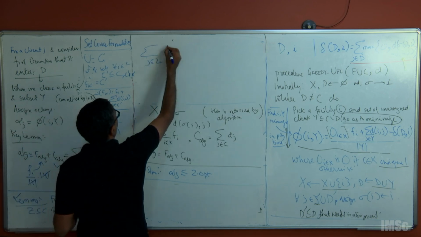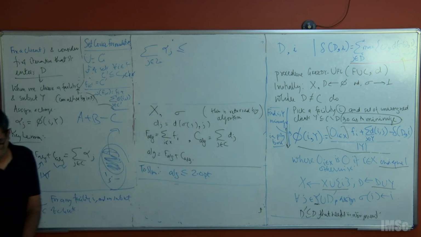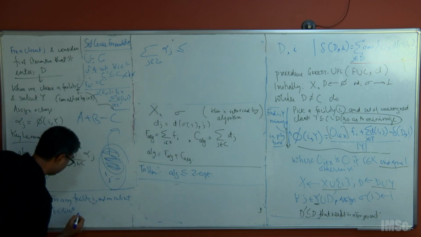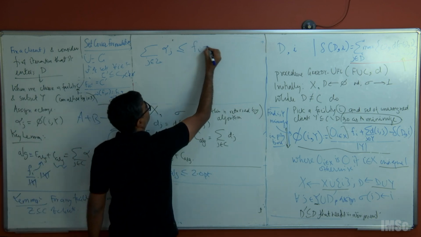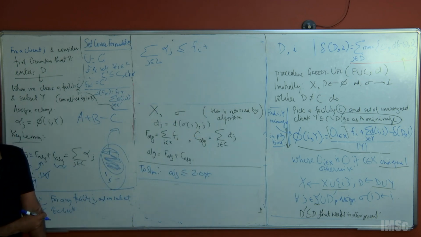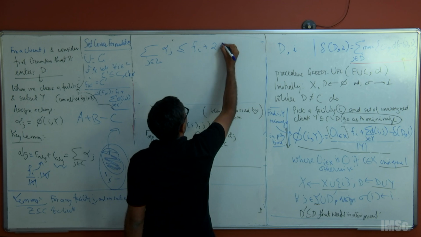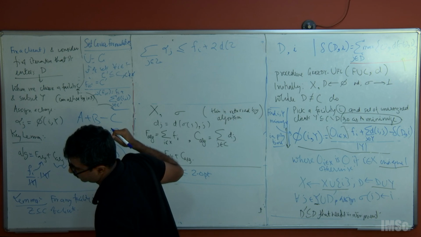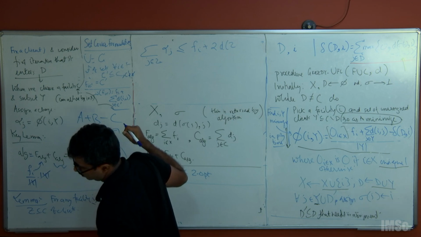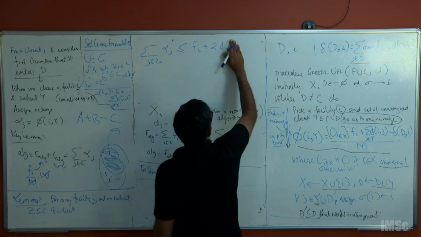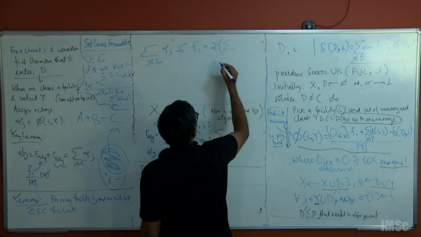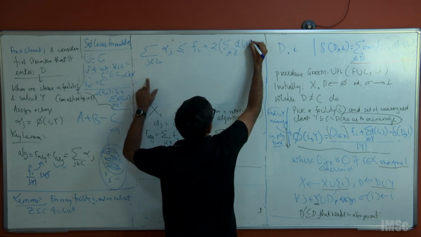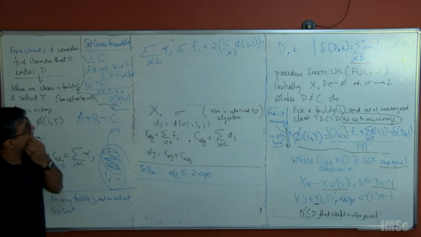Summation of alpha j over j in Z. If I show that this total is less than or equal to 2 times the summation of distance from I to j over j in Z, is that fine? I want to show this.